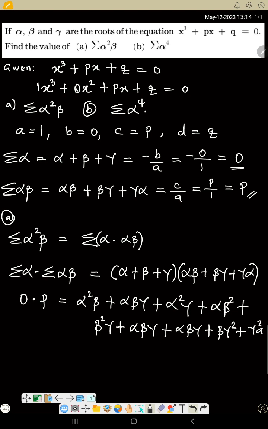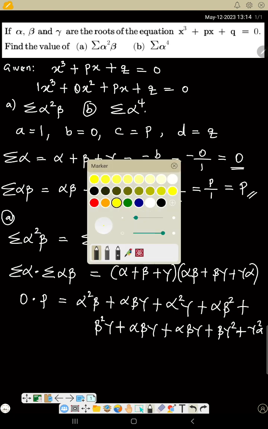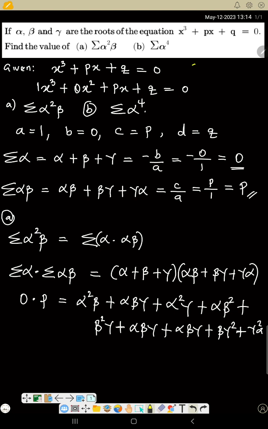Let me note this elsewhere. We need it: summation alpha is 0, summation of alpha beta is p.